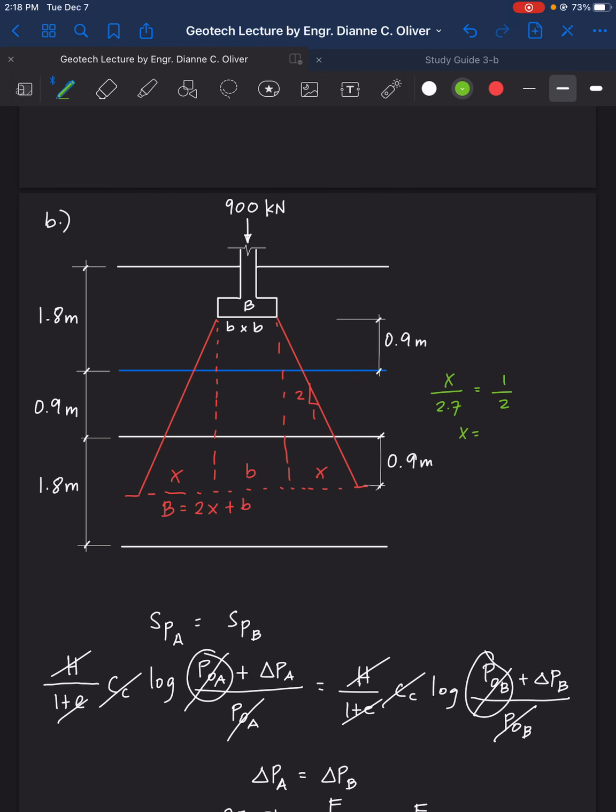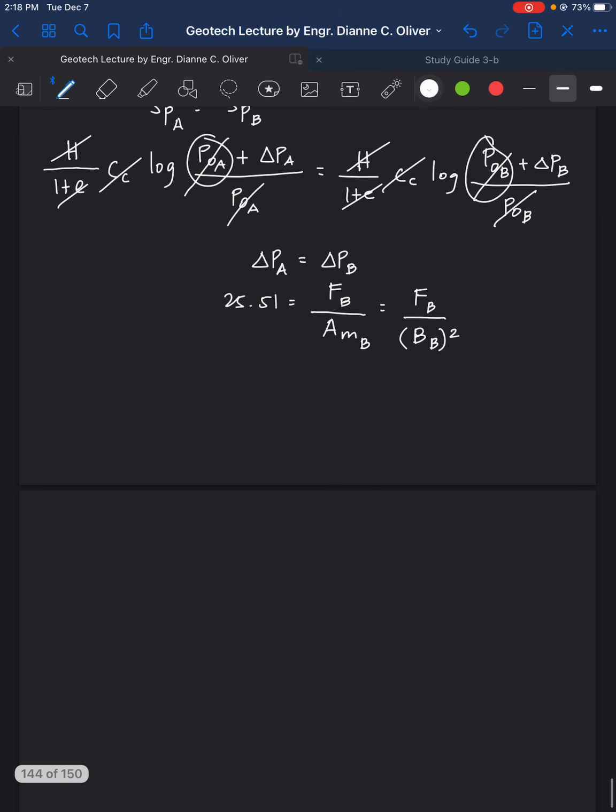So X is equal to 2.7 over 2. So 2.7 over 2 times 2 is 2.7. Therefore, B is equal to 2.7 plus b.